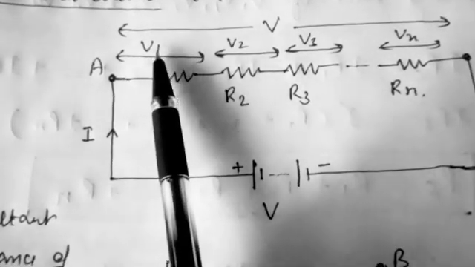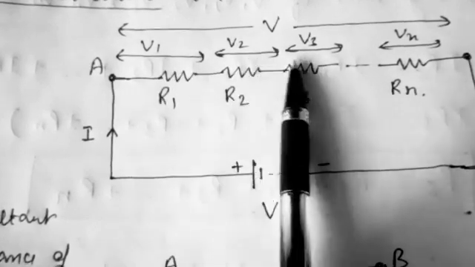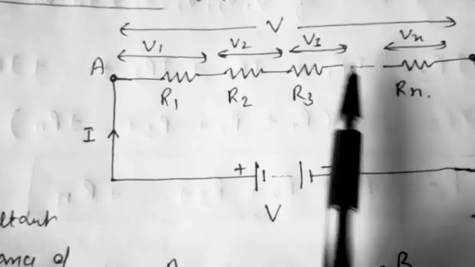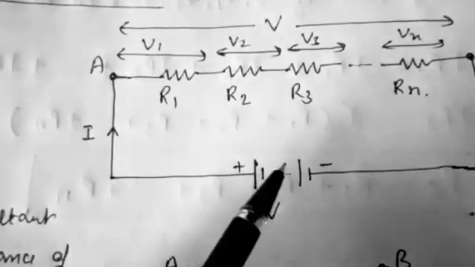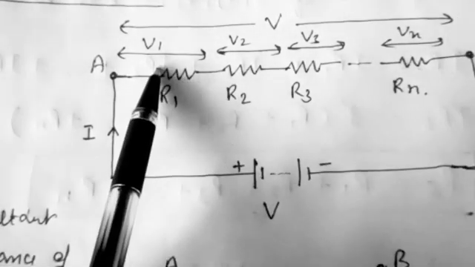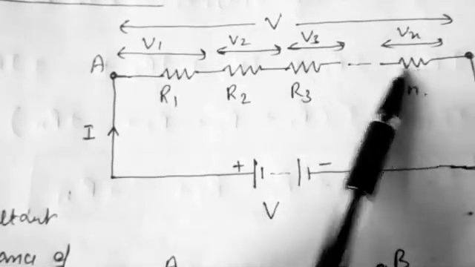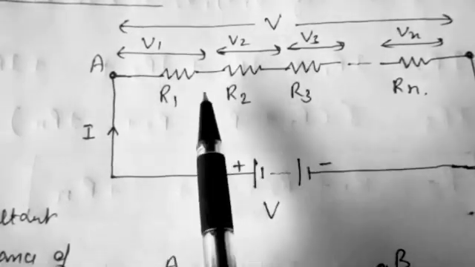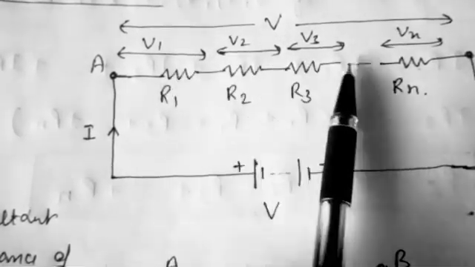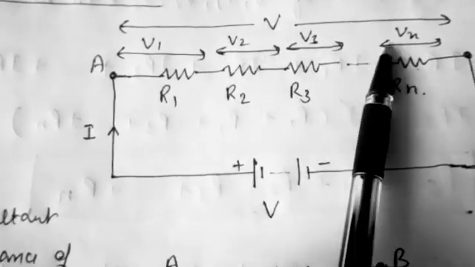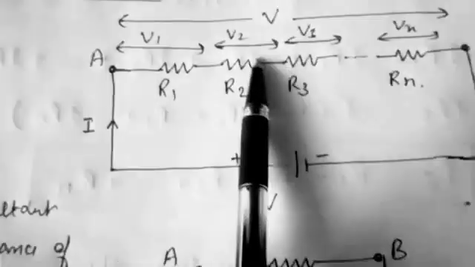So the overall voltage drop across every resistance is equal to the supply voltage. V1, V2, V3 and Vn will combine to give the same result. The current is the same, but the voltage changes across every resistance, and the sum of the potential differences is equal to the supply voltage.